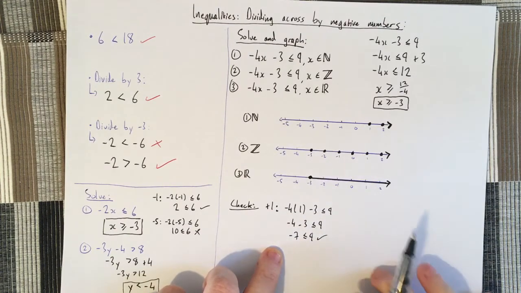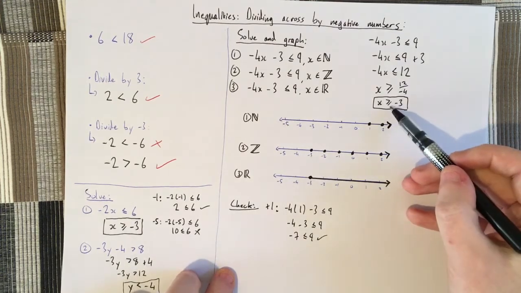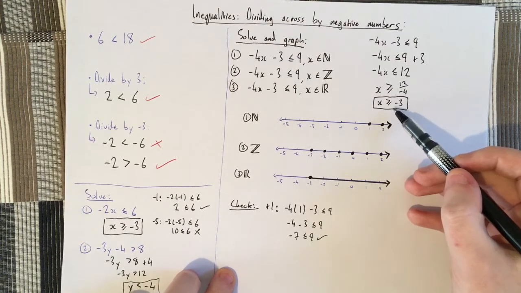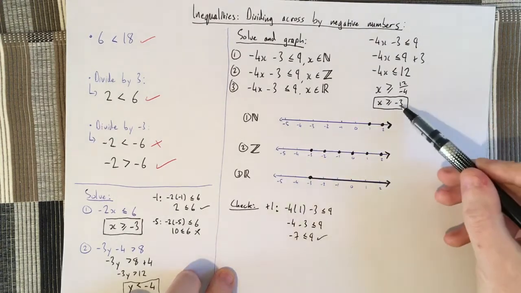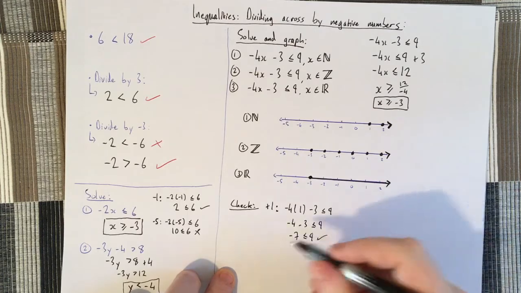Yes, it is. Okay. What if I put a number in which is less than -3? My solution set is greater than or equal to -3, so what if I put -4 in?